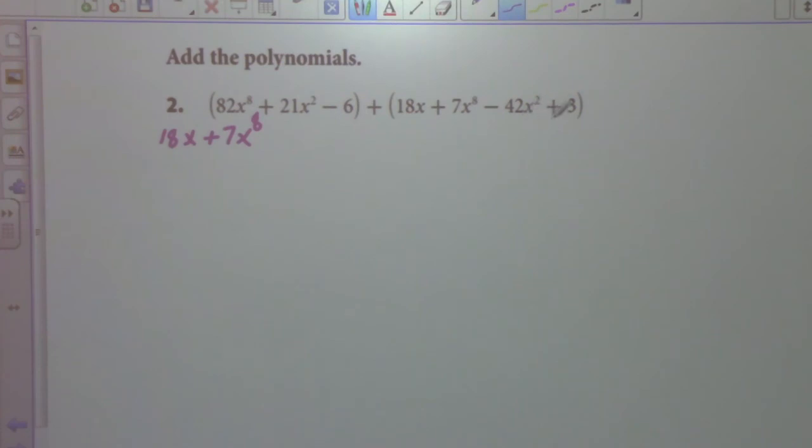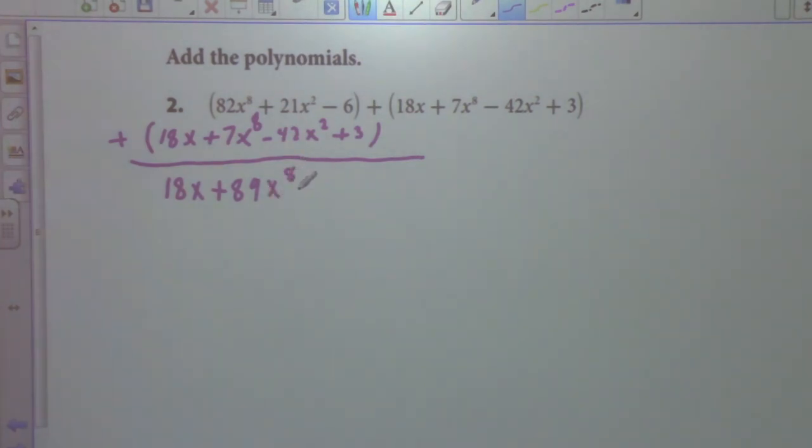And then this negative 42x squared, that is under the 21. Plus 3. And then you added all these? Right. So you get 18x plus 89x to the 8th, minus 21x squared and minus 3.